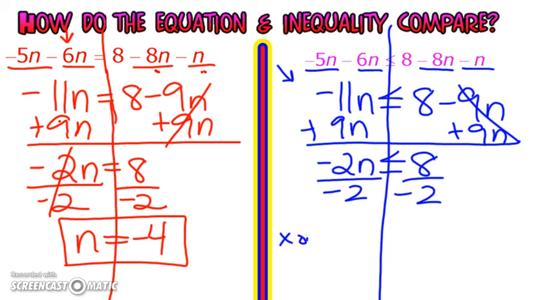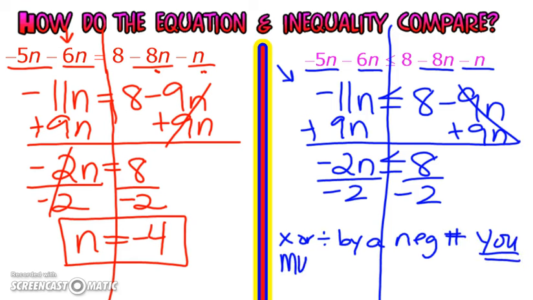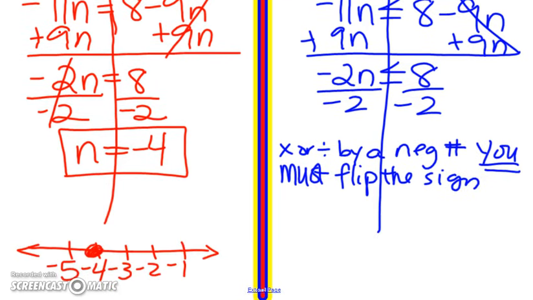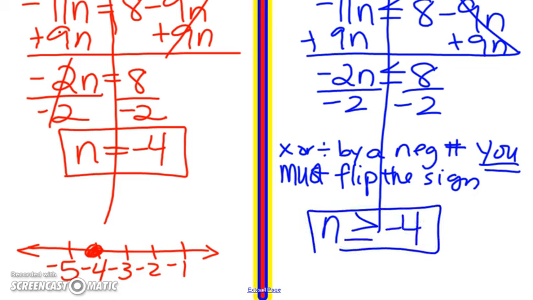When you multiply or divide by a negative number, you must flip the sign. So what this looks like is n is going to be greater than or equal to negative 4. Notice how my signs flipped because I divided by a negative number.